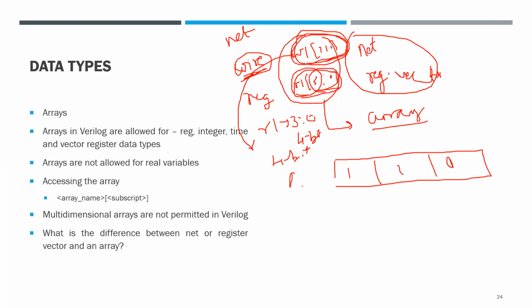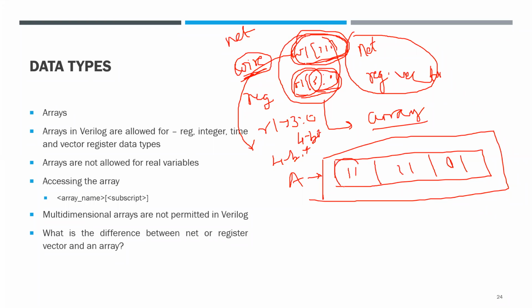So this is an array which is actually holding only one bit each. Now I can have this array hold 2 bits. So this is also an array, but this kind of feature will not be available in this, wherein you are just specifying as reg R1 3 is to 0.